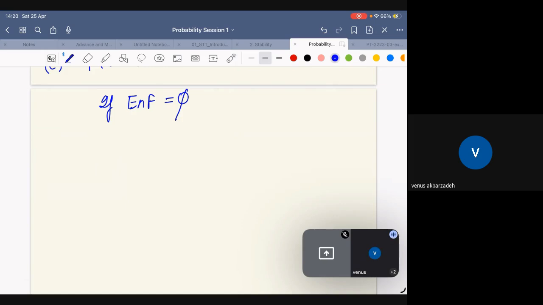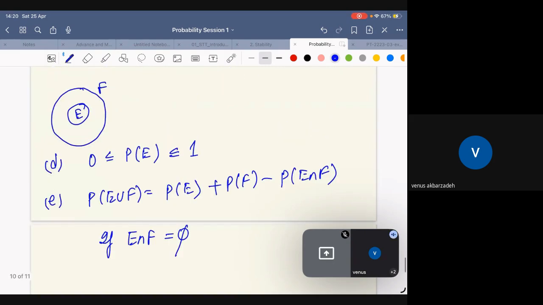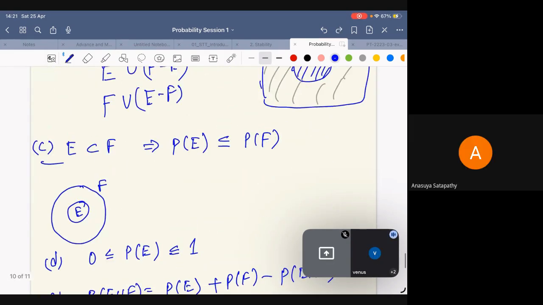Actually, I have a problem to prove that. Could you please scroll the screen up a little? This part, part C. I think the proof of this is a little difficult. Basically, we will not waste time in proving because proofs are not asked in the exam.